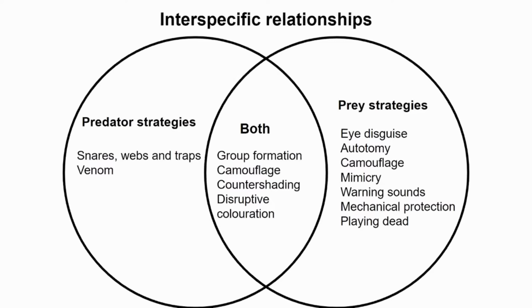Mimicry is a really interesting one, where palatable species, so species that can be eaten, look very similar to unpalatable species, so species that cannot be eaten, as a means of trying to, I guess, avoid predation.